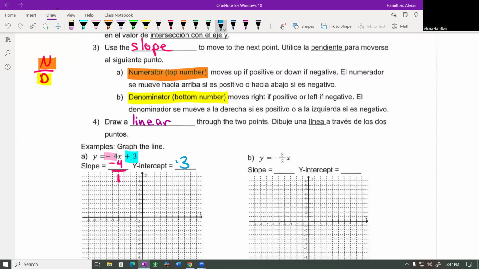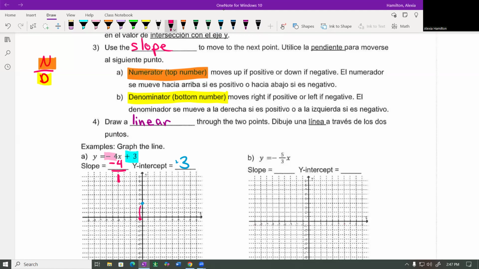Okay, so that tells me that I'm starting at a +3 on my y-axis. The y-axis is the one that goes up and down. Then I use my slope, and I'm going to count down 4 spots, because my 4 is negative. My numerator, the top number, is negative, so I'm going to go down 4.